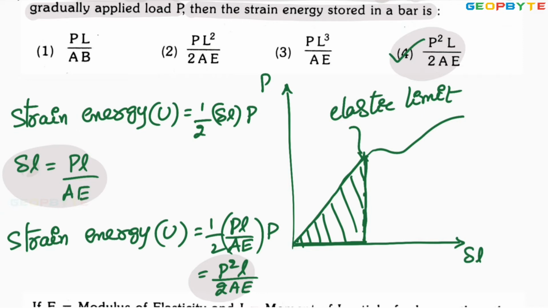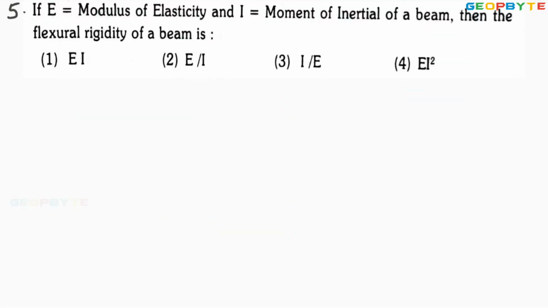Let us take another problem. Look at the fifth problem. If E is the Young's modulus and I is the moment of inertia, then the flexural rigidity of the beam is? Dear friends, the product of Young's modulus and moment of inertia is called flexural rigidity.